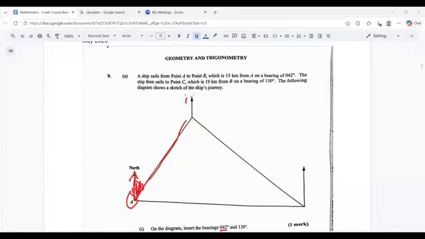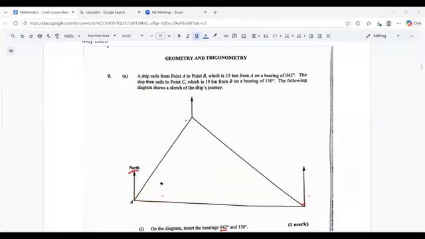If this is B, and that could be B. Starting again from north of A, there's another bearing that will go from north of A clockwise until here. That's if we need to find a bearing of this point. We'll go up to this line that connects to that point.